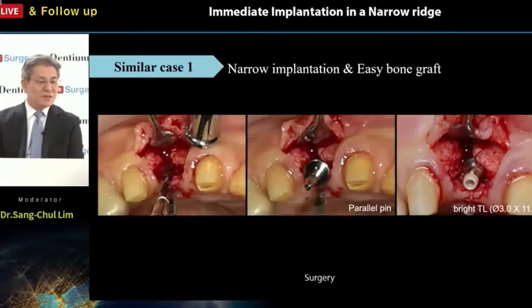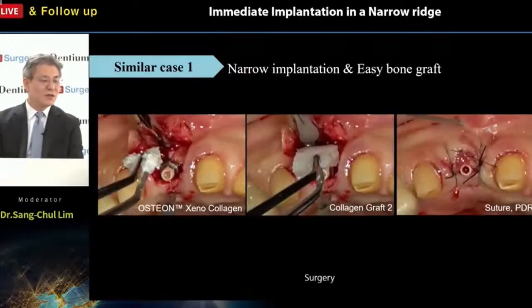After insertion of the parallel pin and the implant fixture, you may do something more. What? Bone grafting, right? After insertion of a Bright TL system implant, diameter 3.0, 11 millimeter, we did bone grafting and covering on the labial bone defect.